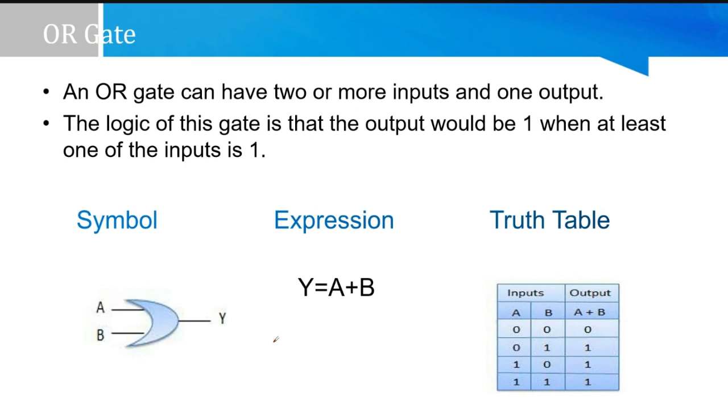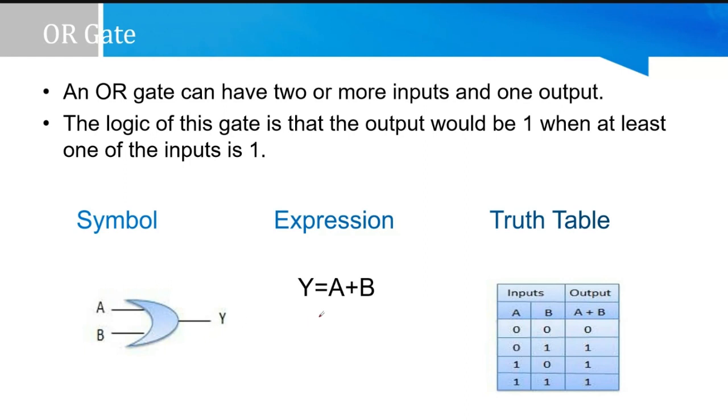If we have only one input in an AND gate, it will work as a NOT gate or the buffer, whatever it is. The OR gate has two inputs or more than two inputs and it provides only one output. The operation of the OR gate is logical addition.